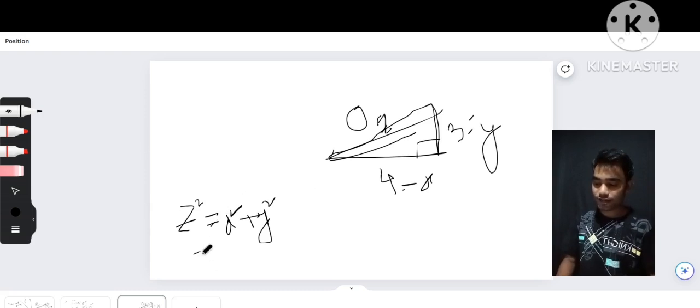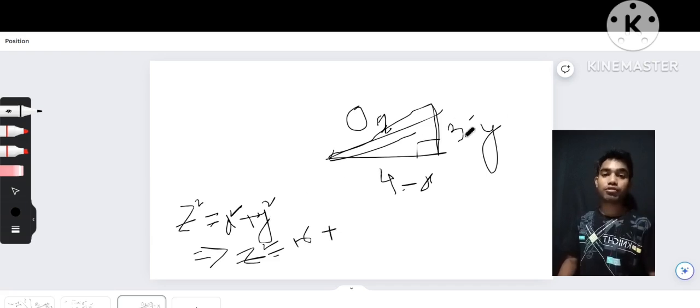Now we can put in the values. So z square, x over here is 4, and 4 square is 4 into 4, which is 16. Y is 3, and 3 square is 3 into 3, which is 9.